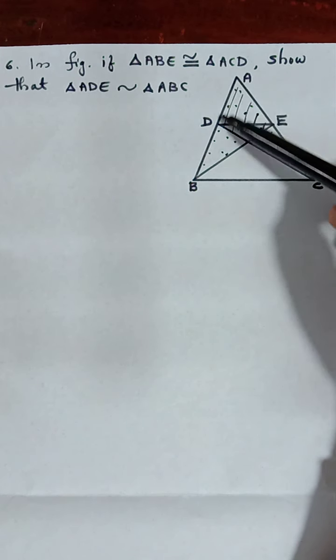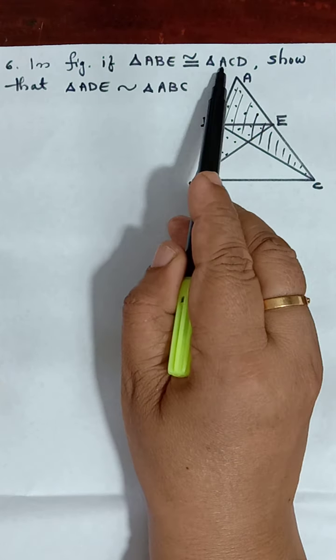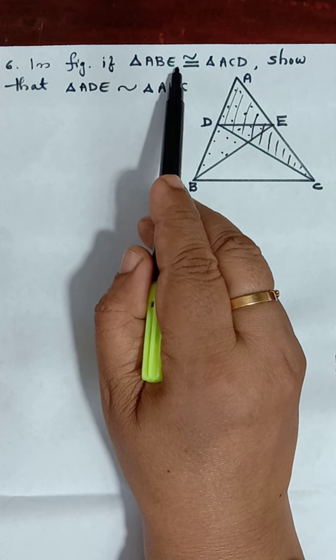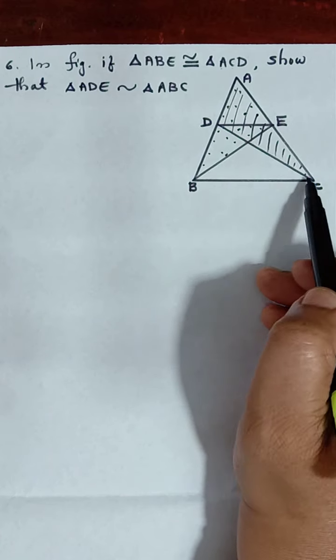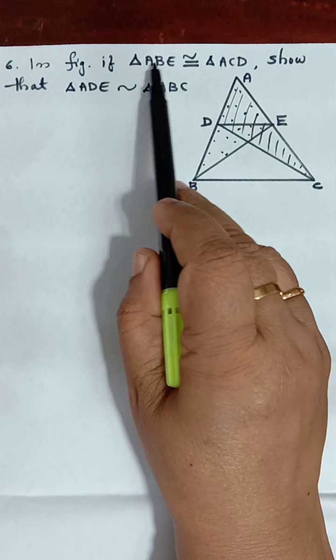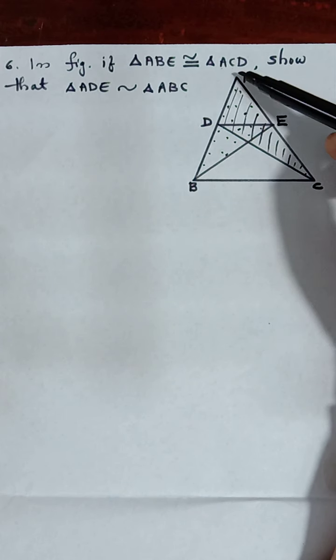Therefore we can say that AB will be equal to AC, BE will be equal to CD, and AE will be equal to AD.